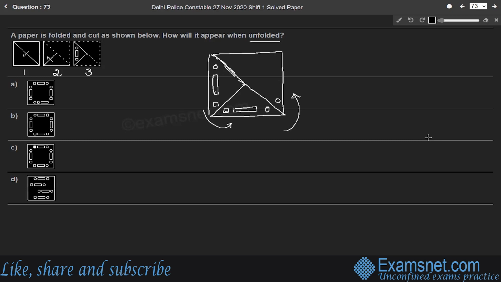That is a circle, a vertical rectangle and a small square. And on this upper side, a small square, a horizontal rectangle and a small circle. Therefore, what I have drawn here is exactly the same as option B. Therefore, option B is the right answer.